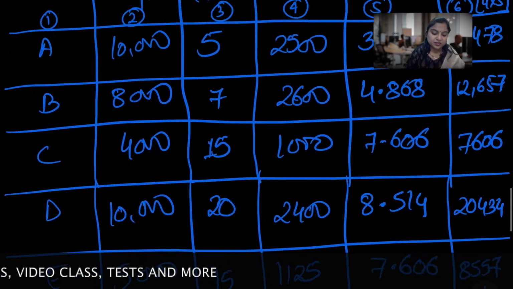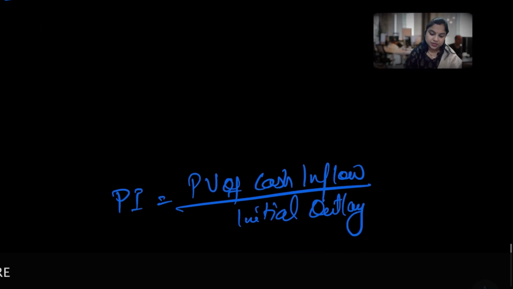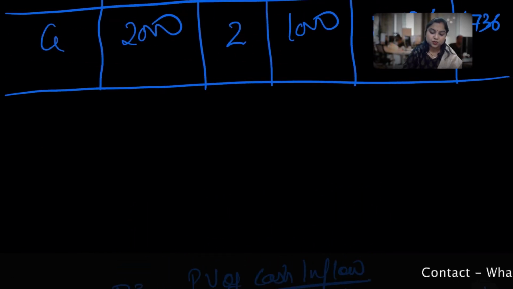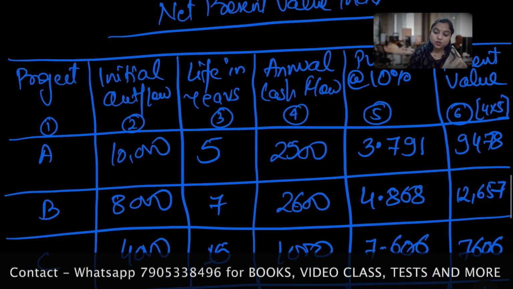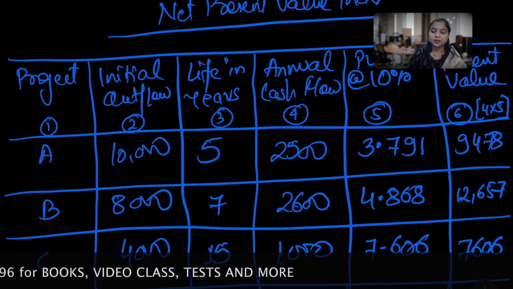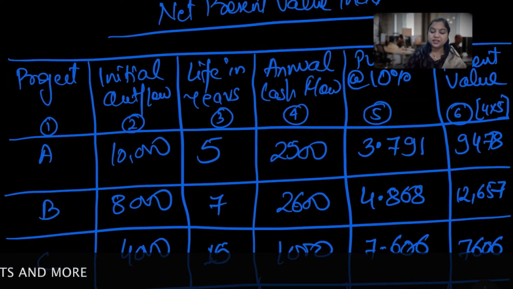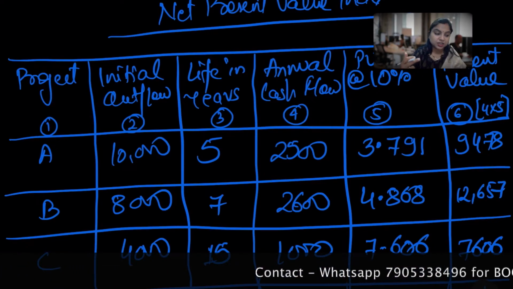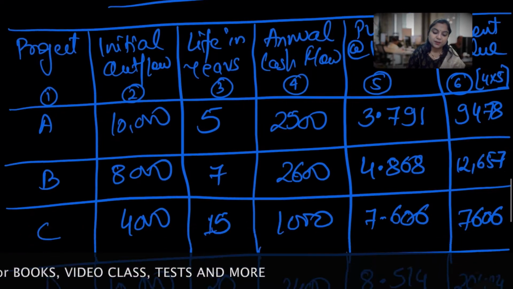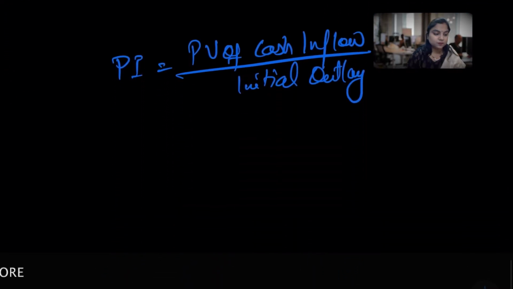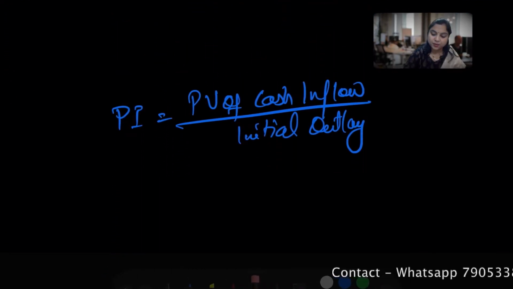So we have all the details A, B, C, D, E, F, G. I have some space issue, then I'll do it here. You can continue there in your table. Create a column number 7, and what you do, divide your present value column number 6 by the initial outlay column number 2.